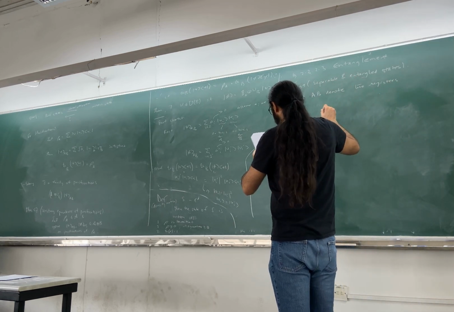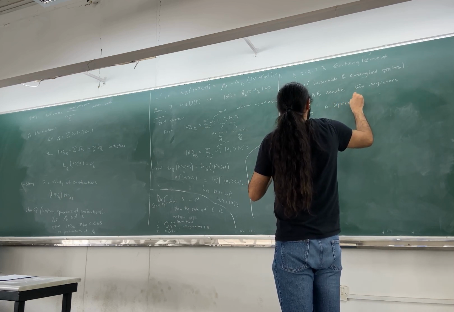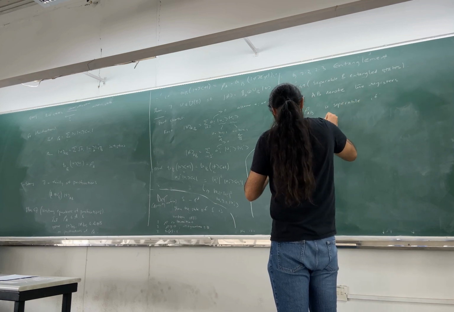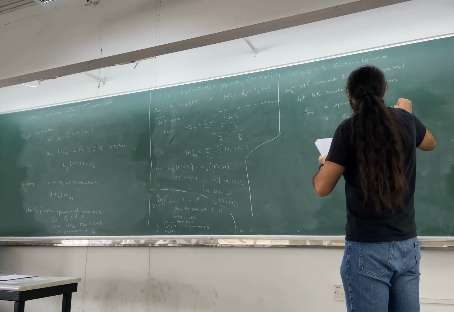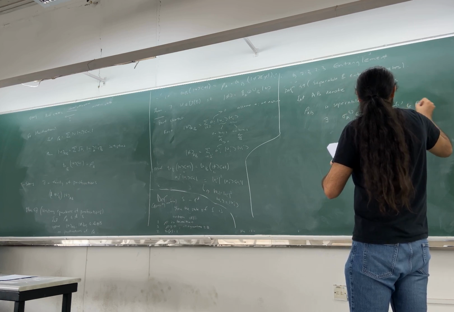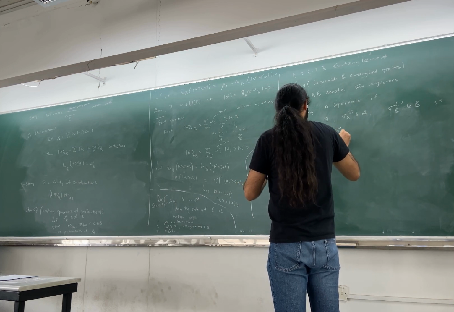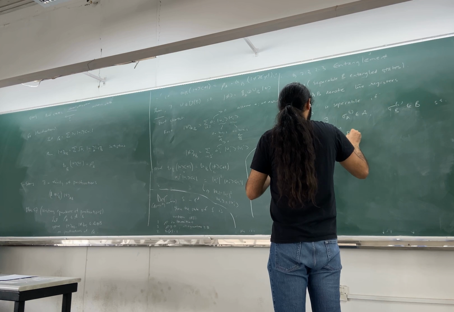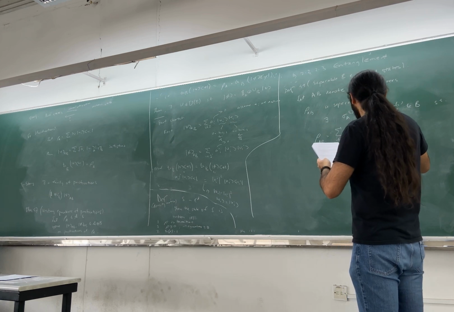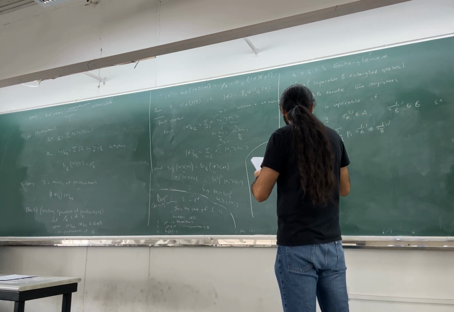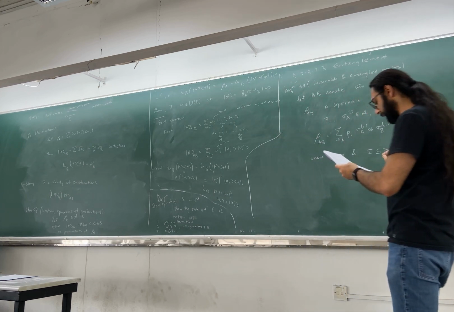Then rho AB is separable if there exist matrices sigma_i in A and sigma_i in B, such that rho AB is the sum over i of p_i sigma_i A tensor sigma_i B, for some probability distribution p, where I is a subset of n.